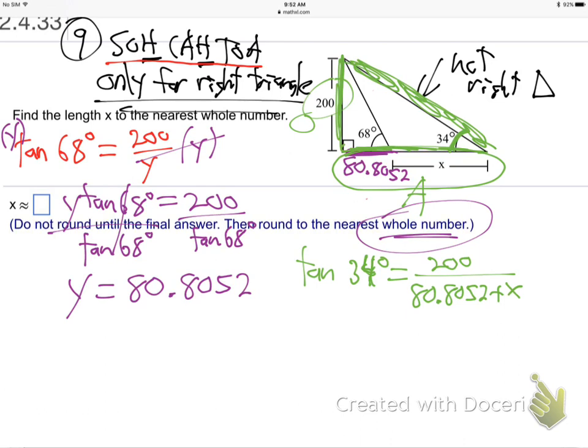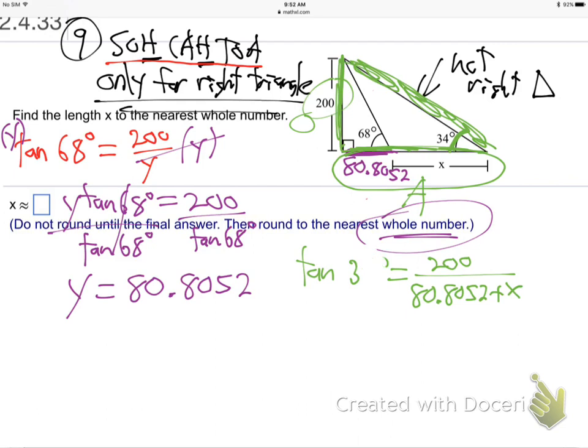Everybody see that? That bottom is 80.8052 plus x. That's why I had to find that first. These are not simple problems, are they?